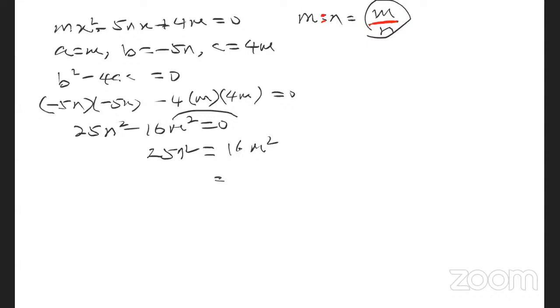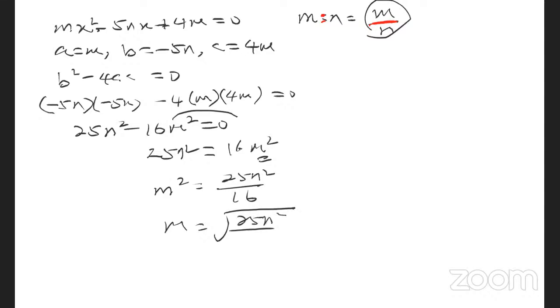So you put a square root here. I don't want to go first, later on only square root. So can I read m squared first? So m squared equals 25n squared over 16. So the square root of 25n squared over 16 is 5n over 4.